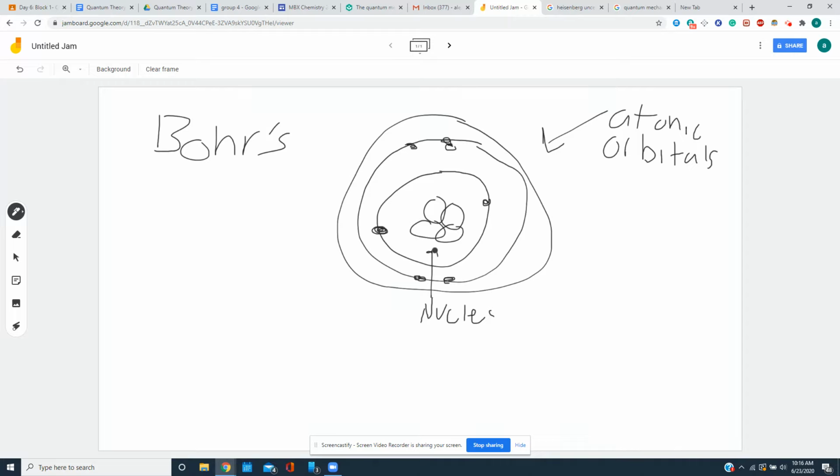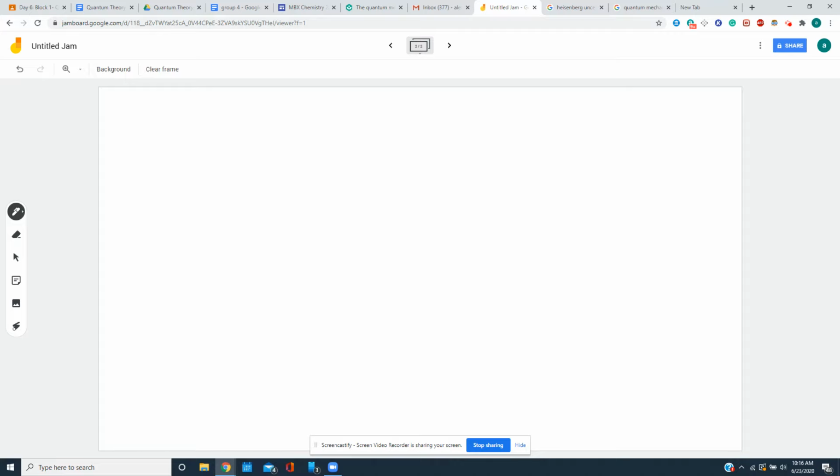The only element that this really applied to, and it applied very well, was hydrogen because it only included one single electron. But with any other element, for example, gold or carbon, it wouldn't work very well because they have multiple electrons in one atom. So that's when the quantum mechanical model was thought of.